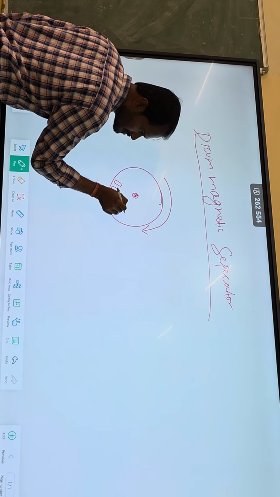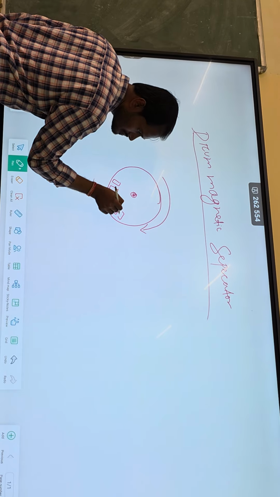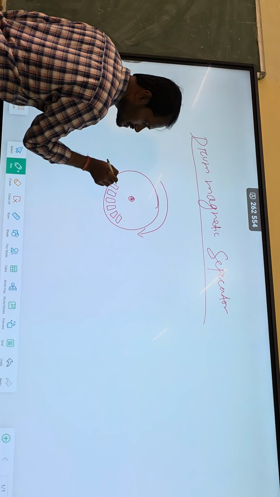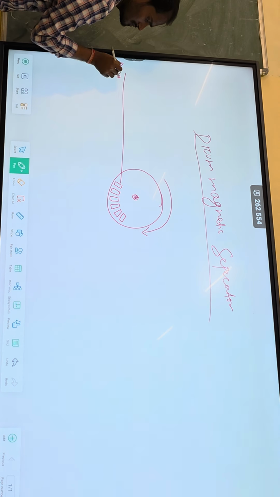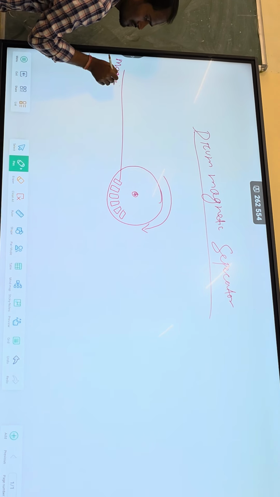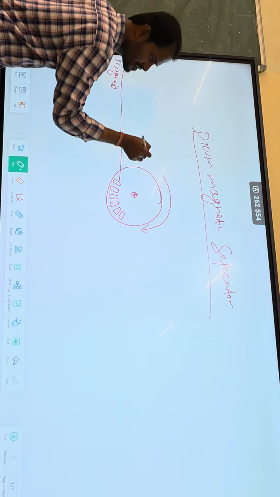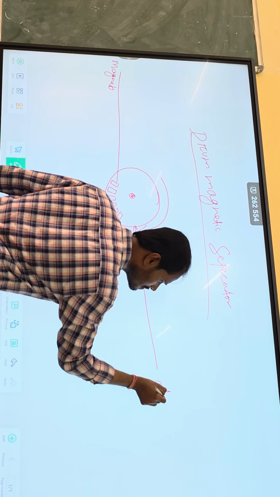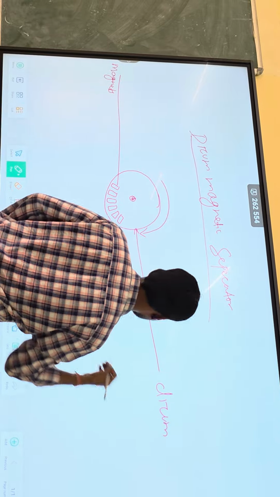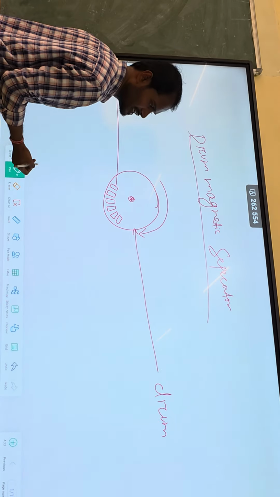This is a very strong magnet, for example. This is your drum. Fine. This is rotating in this direction.